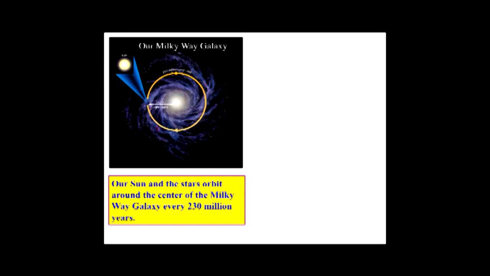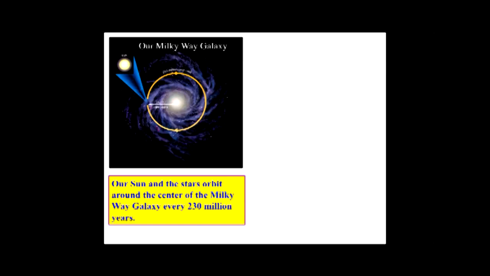The sun and the solar system reside some 28,000 light years from the center of the galaxy. I'll be telling you what a light year is in about 10 minutes. But our sun and the solar system orbit the galaxy, orbit the center of the galaxy. So our sun is just one star of many.